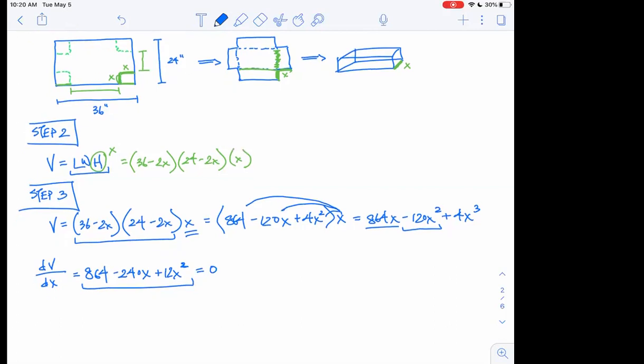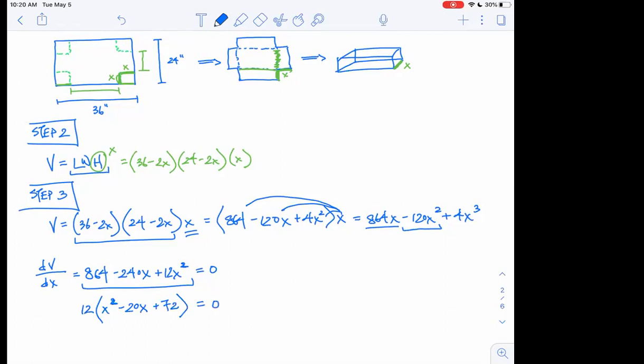So I notice that 12 goes into every single term on the left-hand side. So I'm going to factor out 12: x squared, and then 240 divided by 12 is 20, so minus 20x. And then 864 divided by 12 is 72, so plus 72 equals 0.